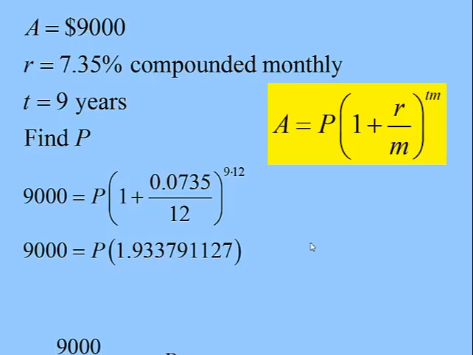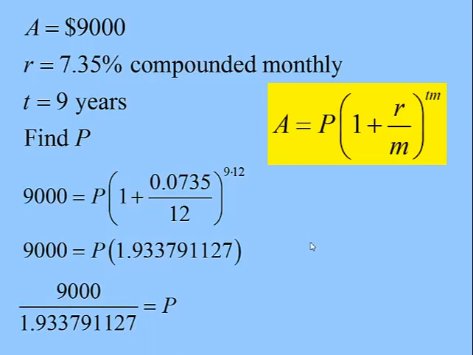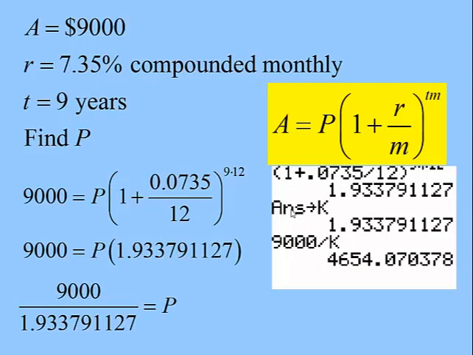So if you push the STO key, it'll say ANS and then arrow, and then give your number a name. I've used the name K for this number. And so then to divide 9,000 by that number, I just need to do 9,000 divided by K.